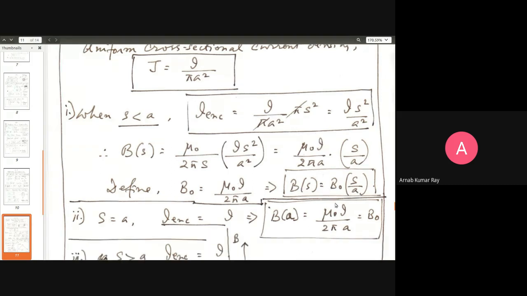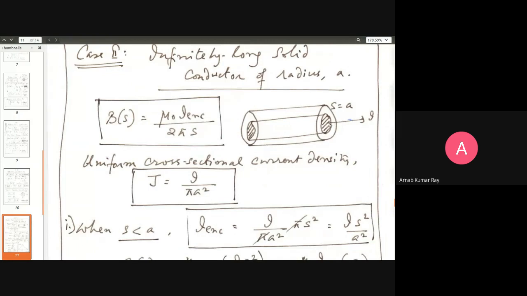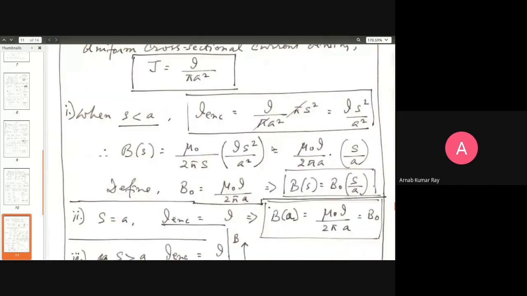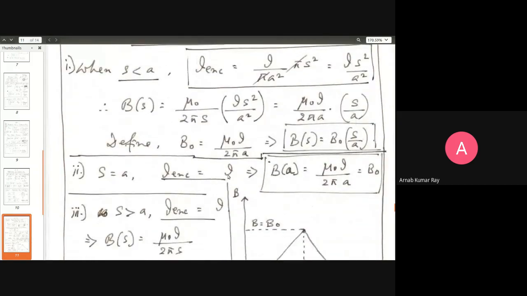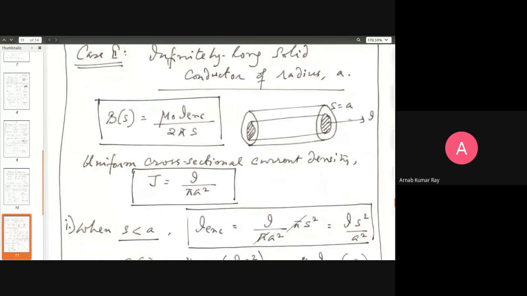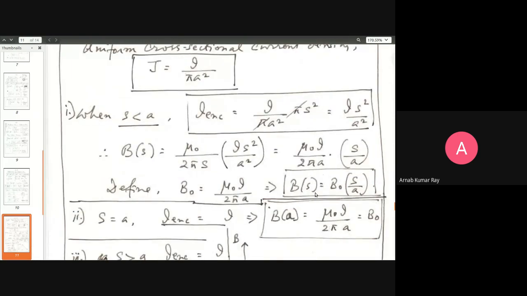Now let us see what happens if S is equal to A. If S is equal to A, meaning S is now an Ampere, the radius of an Amperian loop that coincides with the circumference of the wire, then I enclosed will be the full current I. So B at A will be equal to mu naught I divided by 2 pi A, and that is equal to B naught, as we defined in the previous exercise when S was less than A. So here you have S less than A, this, and S equal to A, this.